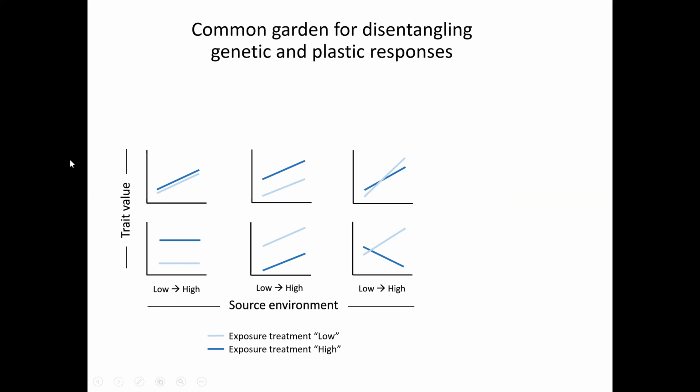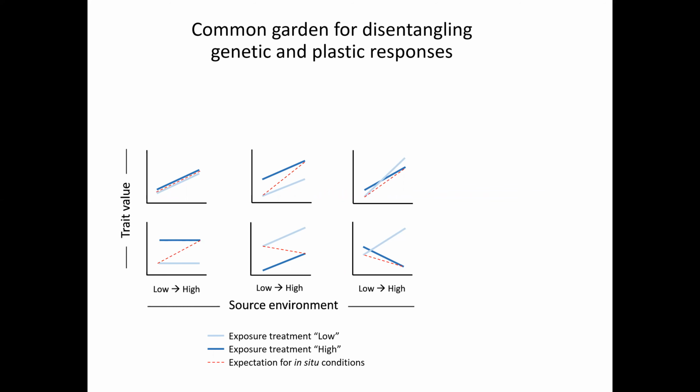So here we see, for example, the trait values from populations with a low source precipitation to populations with high source precipitation. But in this case, when they are exposed to low water availability. And here the same, but when they are exposed to high water availability.